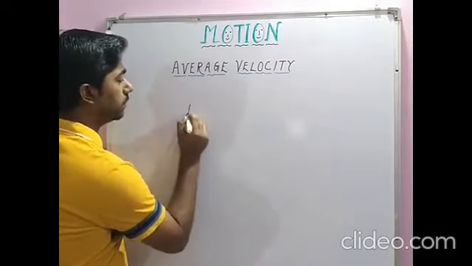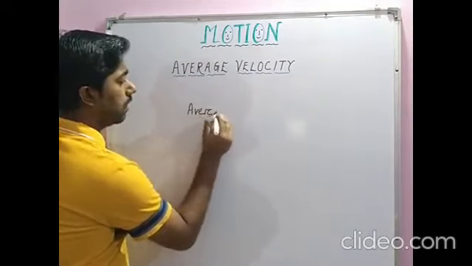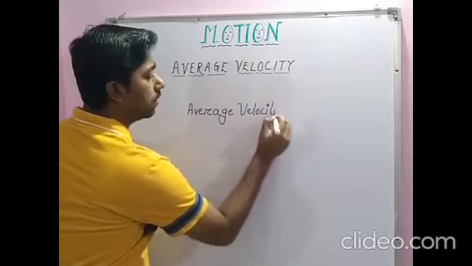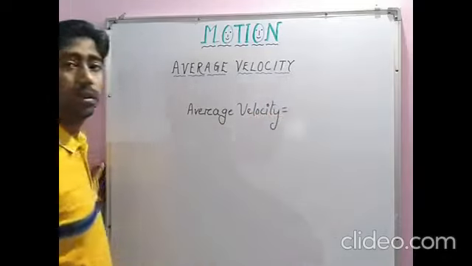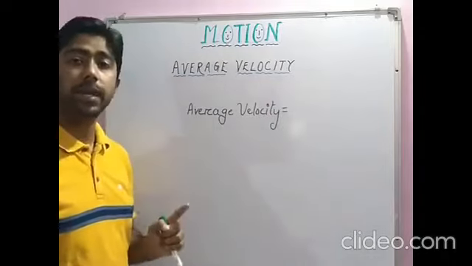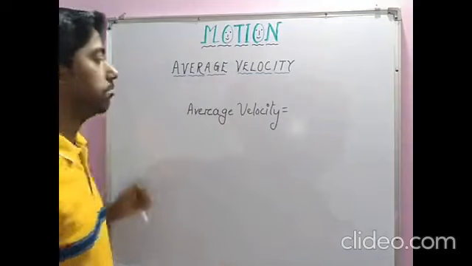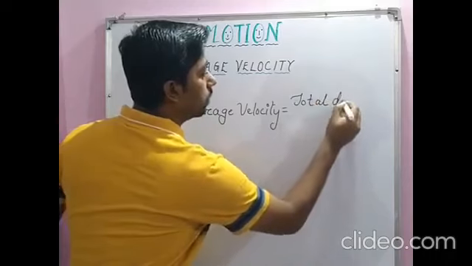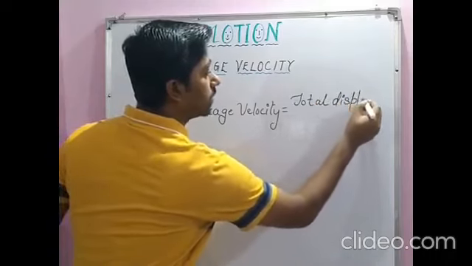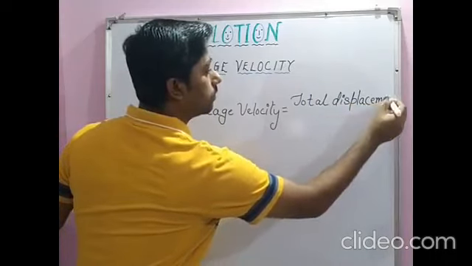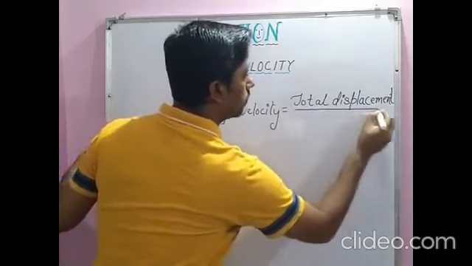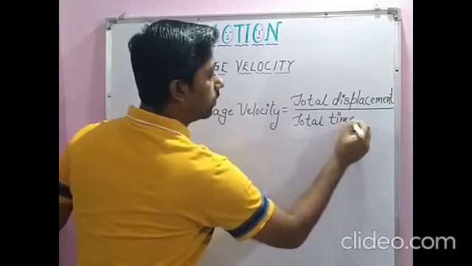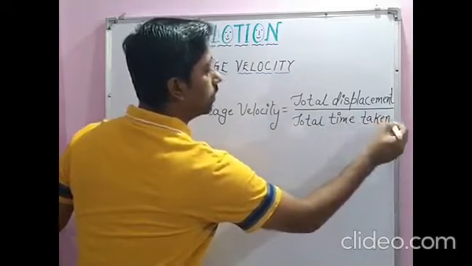Average velocity can be found out by using this formula. Average velocity is equal to total displacement divided by total time taken.